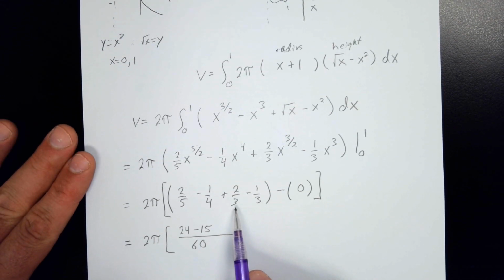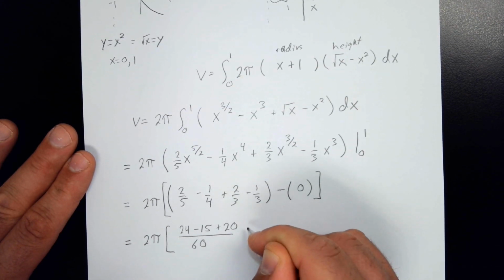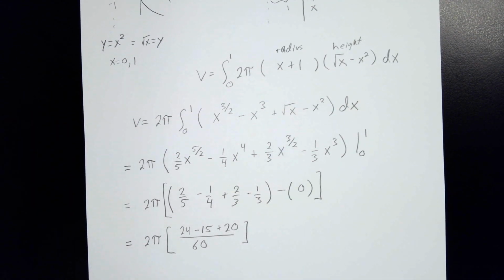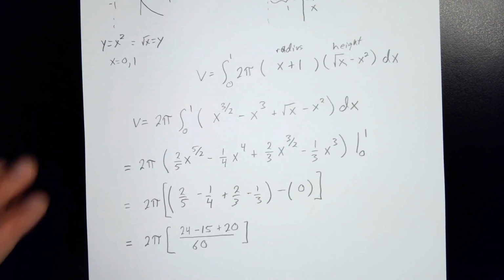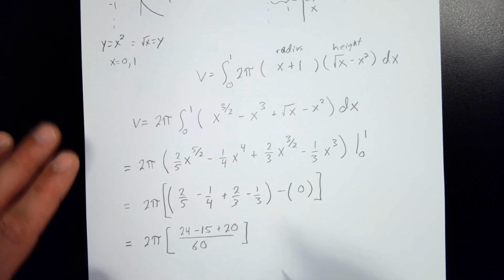Here I have a 2/3 minus a third, so that's just 1/3. 1/3 is the same as 20 over 60. Okay, so 24 minus 15 is 9, plus 20 is 29.